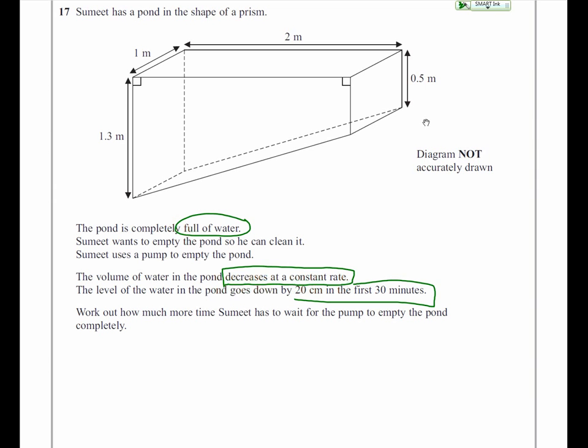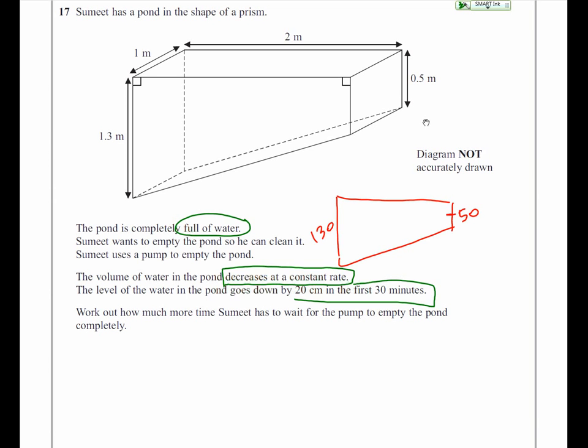Okay, so the first 20 centimetres, let's figure out what's going on here on our diagram. Imagine the cross section. It's 1.3 in centimetres, 130, and 0.5 in centimetres, 50 centimetres. Now we know about when the water's gone down by 20 centimetres.